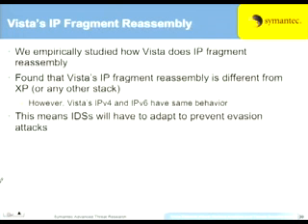We also did an empirical analysis for Vista and IP fragment reassembly. And again, we found that the behavior is different than XP or any other stack. I guess this just goes to show that the stack is new. Although IPv4 and IPv6 will behave the same for Vista.